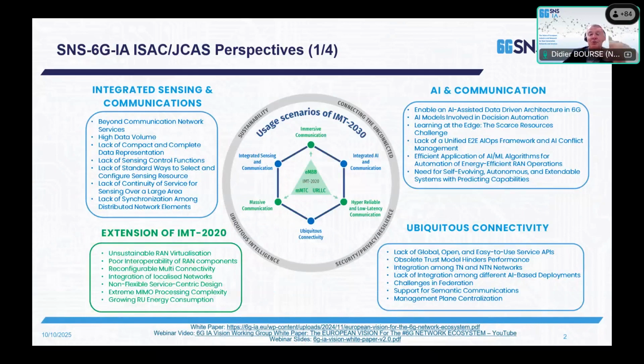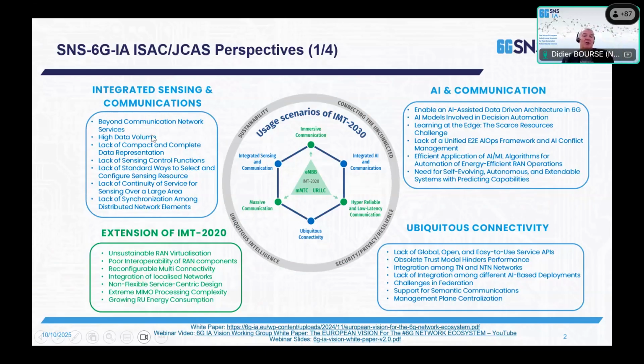There is a lot of work inside SNS done by the different projects, covering from research to innovation up to trials and pilots. We have many different activities related to the different phases. There are 3 phases in SNS, so we see different maturity levels on the work happening there.